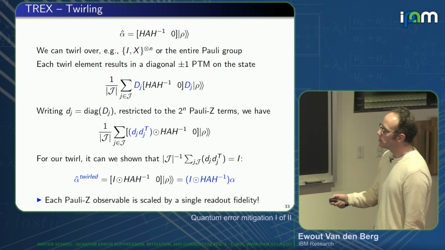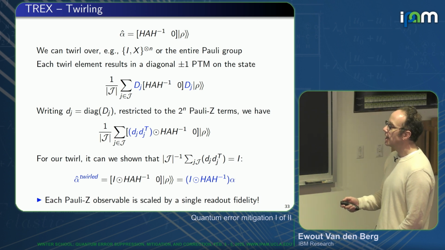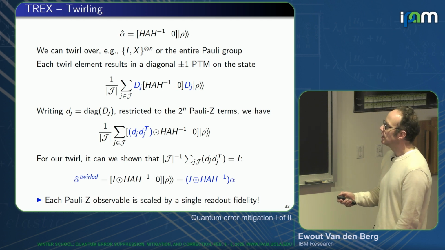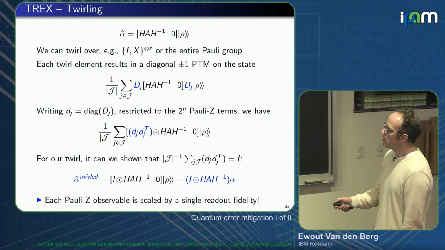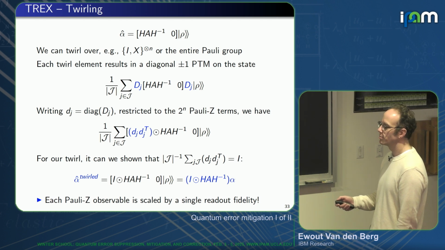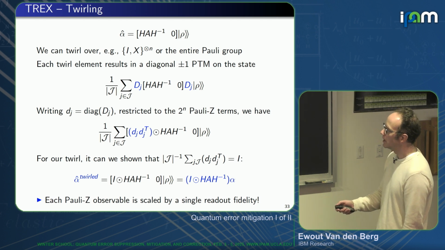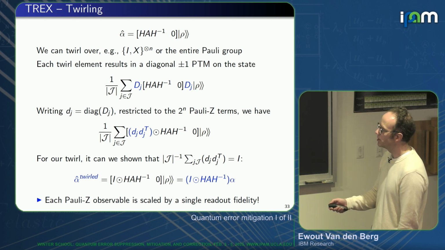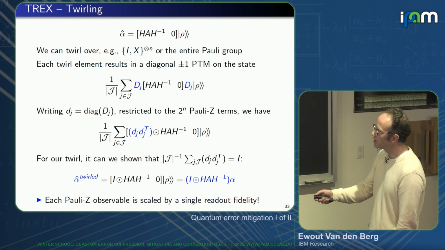But now we can twirl over this I and X, or the entire Pauli group. It's essentially the same. Each twirl element results in a diagonal plus or minus 1 Pauli transfer matrix on the state. So here this matrix DI just applies on the alpha components, and then there's some other diagonal matrix that applies to the rest, but just ignore that here.